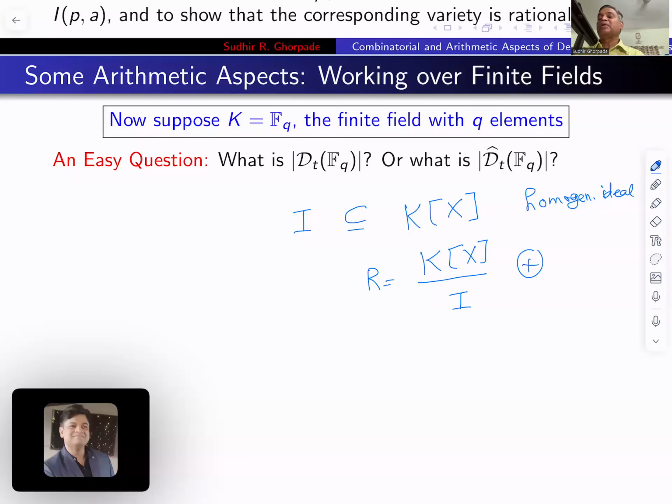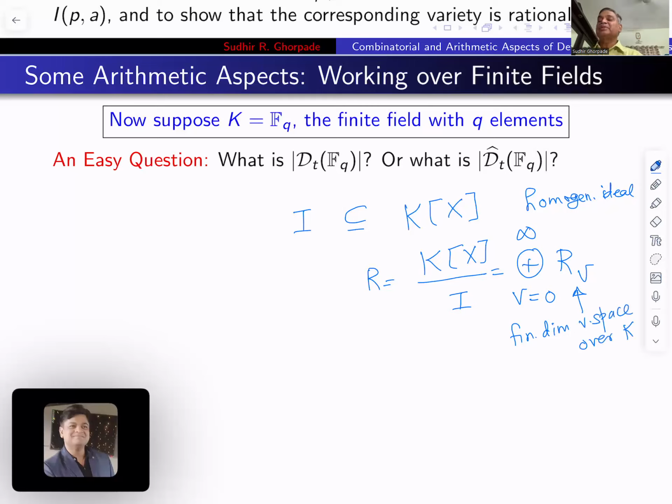It has R_v, with v going from 0 to infinity. Just like a polynomial is a sum of its homogeneous parts, when you take a polynomial ring and go modulo a homogeneous ideal, you get a graded ring, and each R_v, the graded component, is a finite dimensional vector space over K.